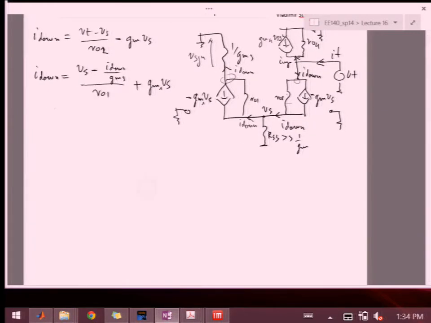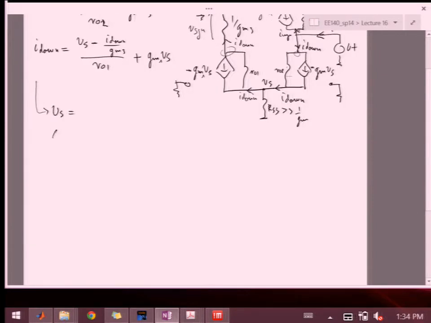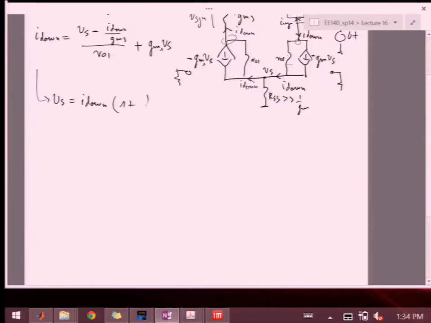So if we try to solve from the first one for VS, because VS is something we don't know, what we're going to get is I down times 1 plus 1 over GM3 RO1. So that's this piece over here. And that divided by GM1 plus 1 over RO1.